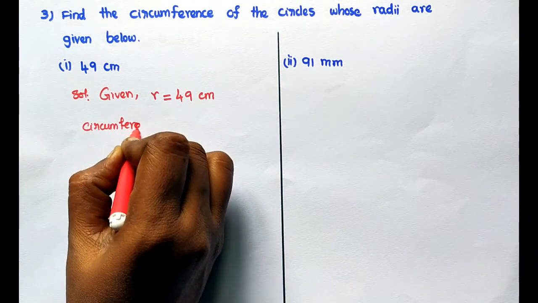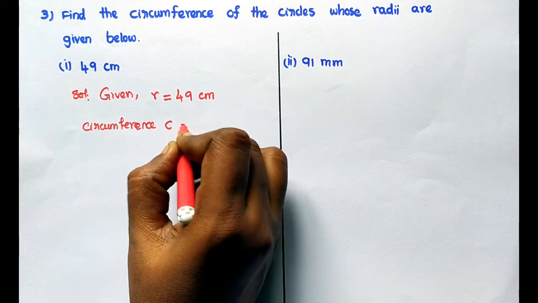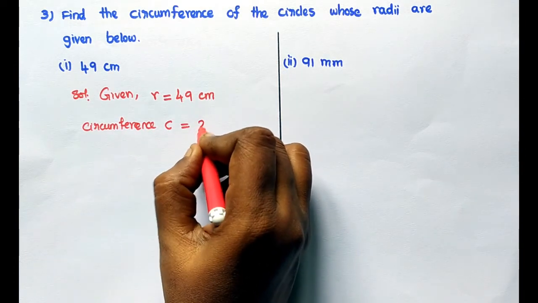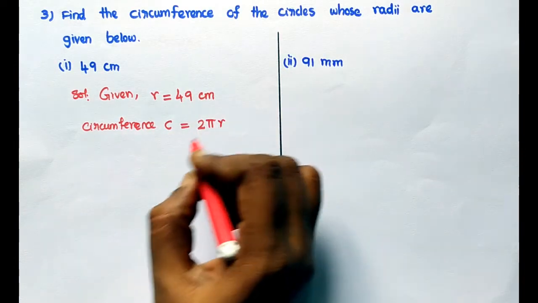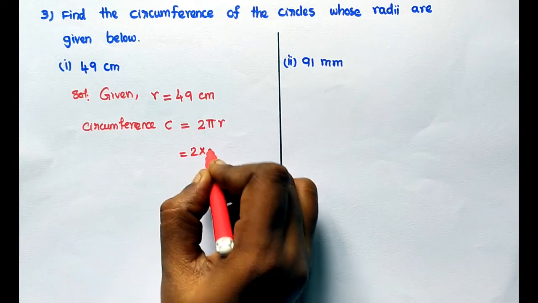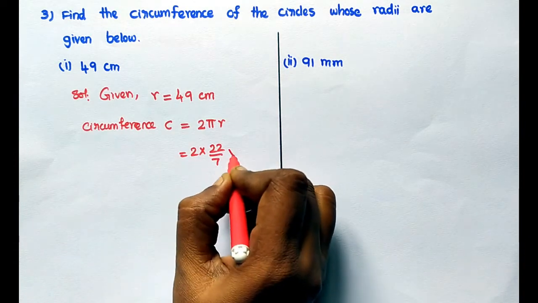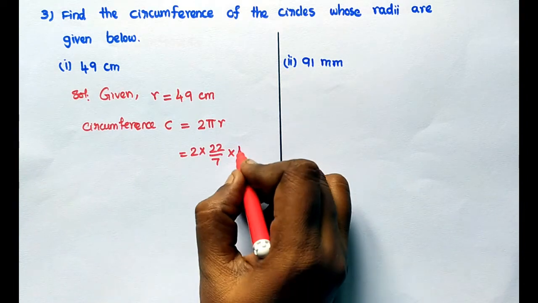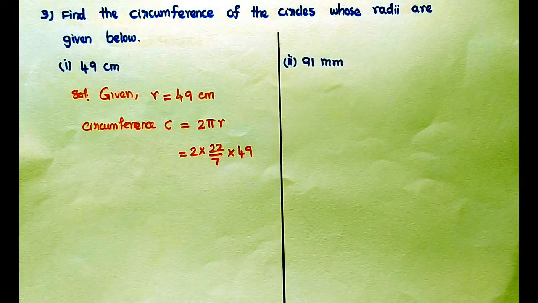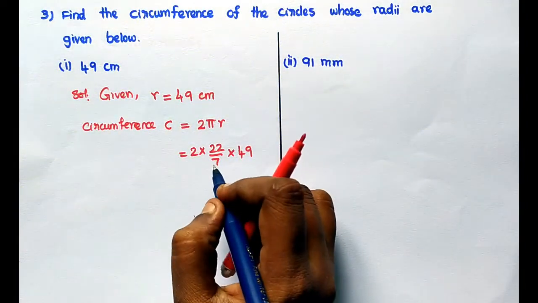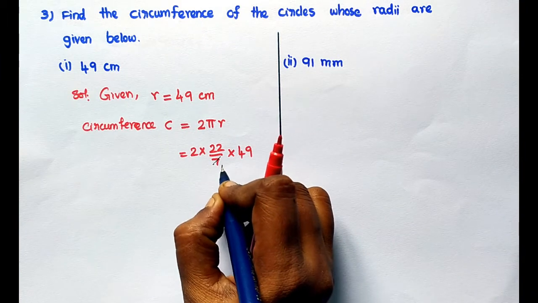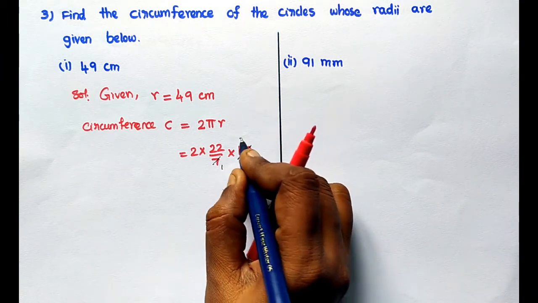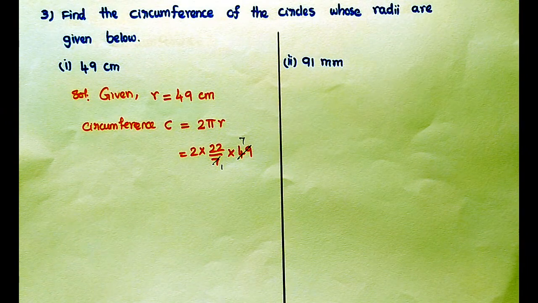Circumference. C equal to, what's the formula? 2 pi r. 2 into 22 by 7 into r is 49. Now cancel these numbers by the 7th table. 7 1s are 7, 7 7s are 49.